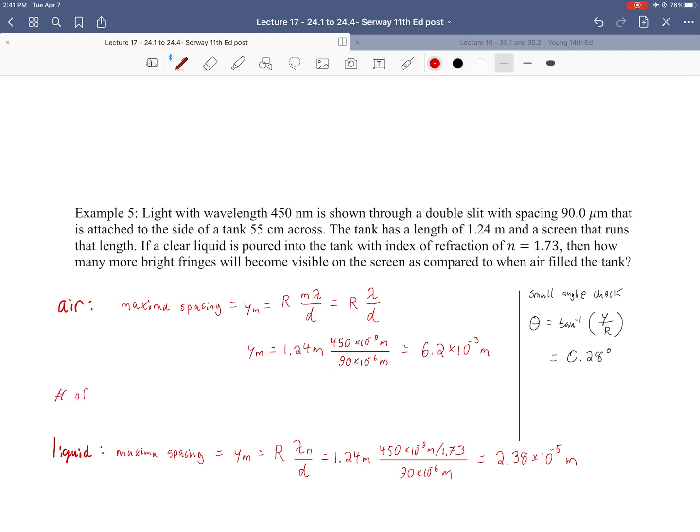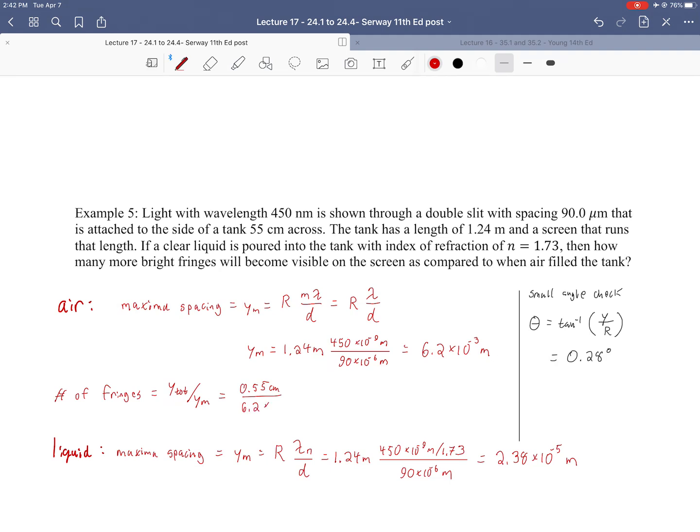We would round down, because that would be the number of individual ones that fit. So then we'll have the number of fringes, or bands, interchangeable terms, is just going to equal the overall length, we'll call that y total, divided by y m.